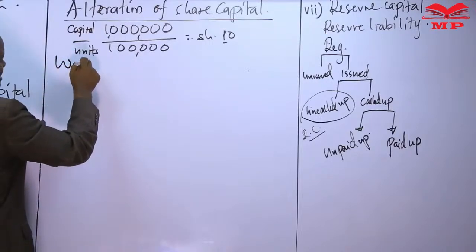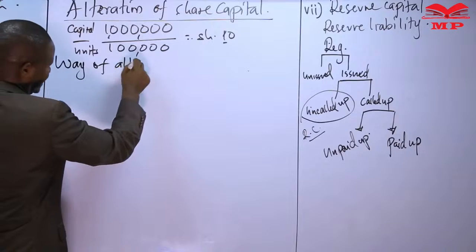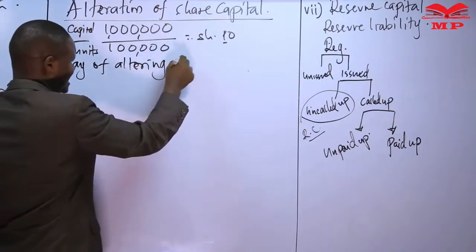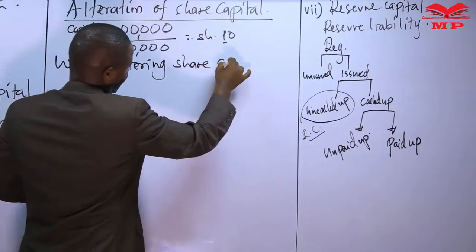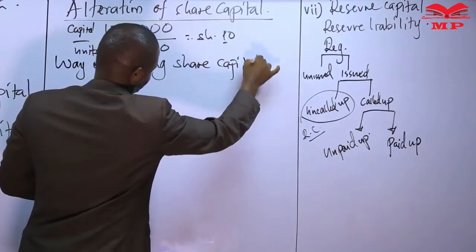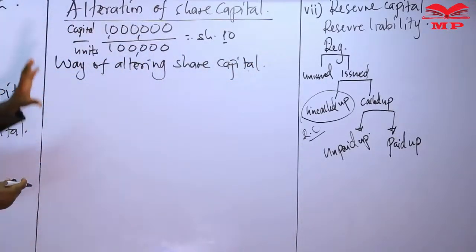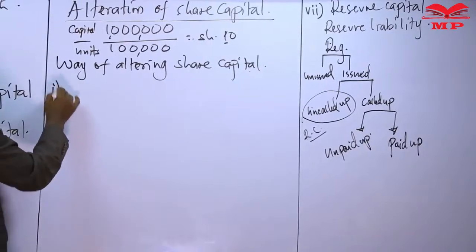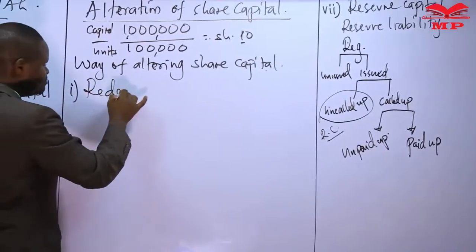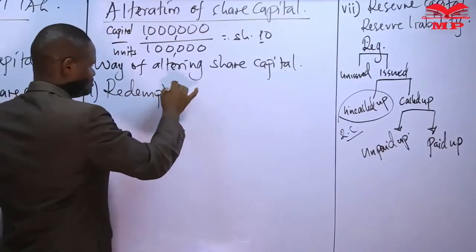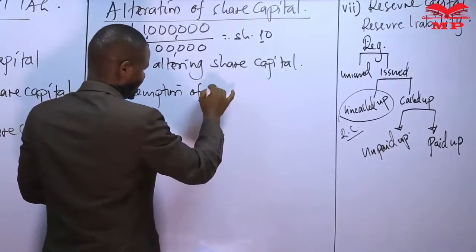Ways of altering share capital. So the following transactions can be good examples of how capital can be altered. One of them would be redemption of preference shares.